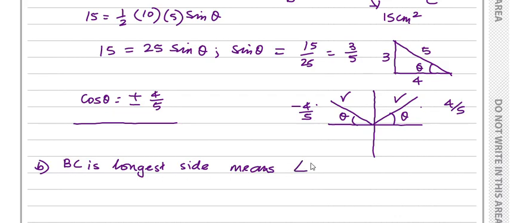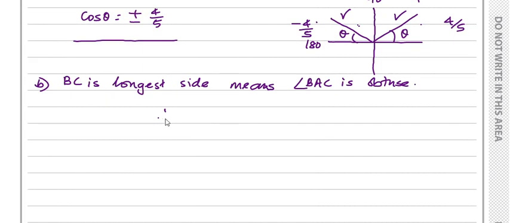So therefore, angle BAC is obtuse. Obtuse means it is between 90 degrees and 180 degrees. So it falls in this quadrant. Obviously, cos must be minus 4 over 5 now. Therefore, cos theta is equal to minus 4 over 5.